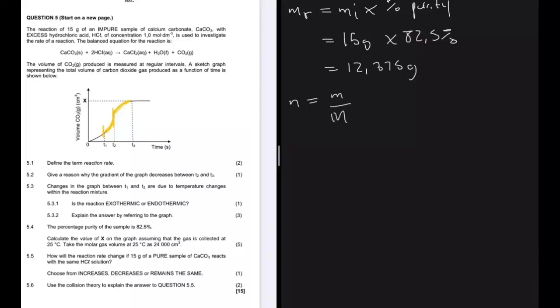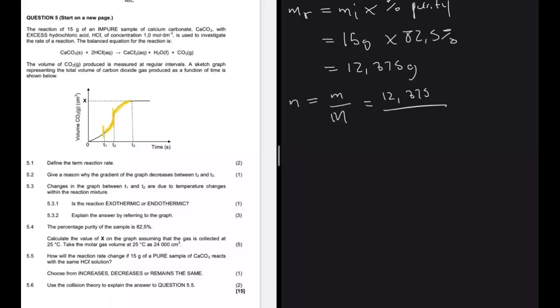The mass is what we just determined, which is 12.375 grams, and then we're supposed to find the molar mass of calcium carbonate. So let me pull up my periodic table.